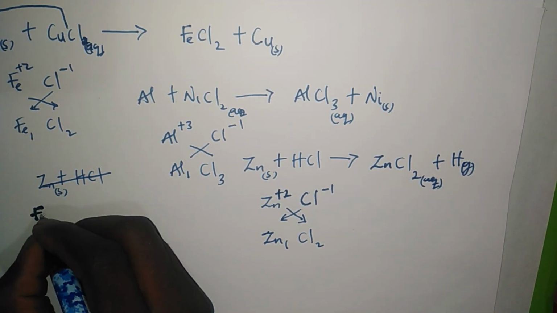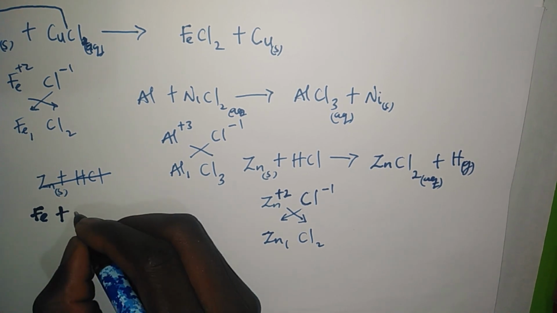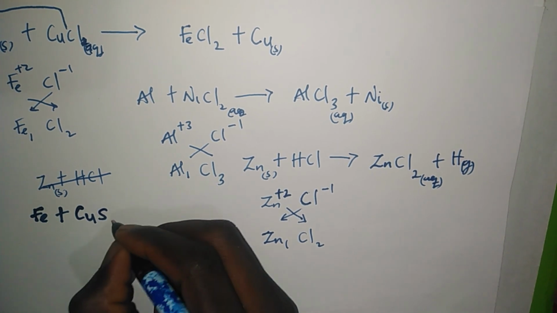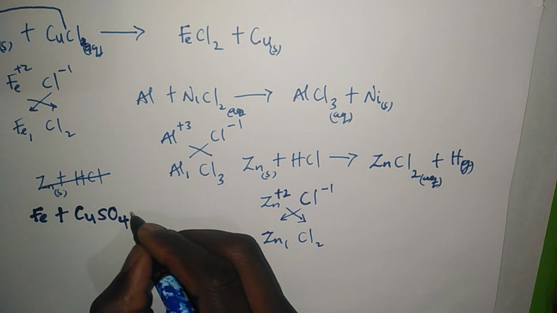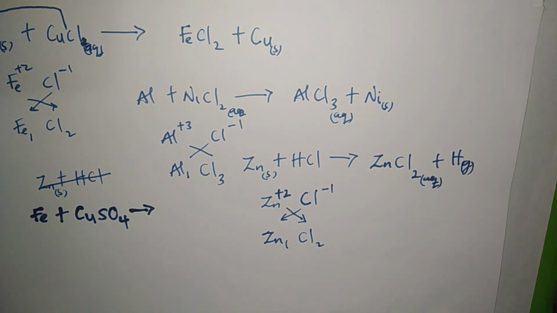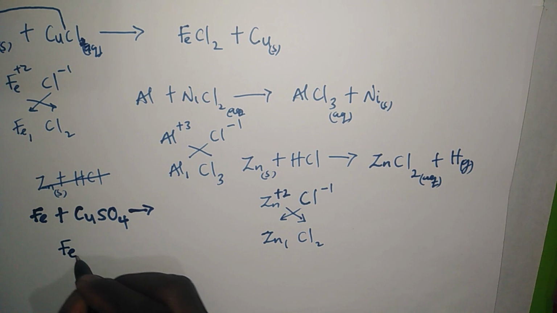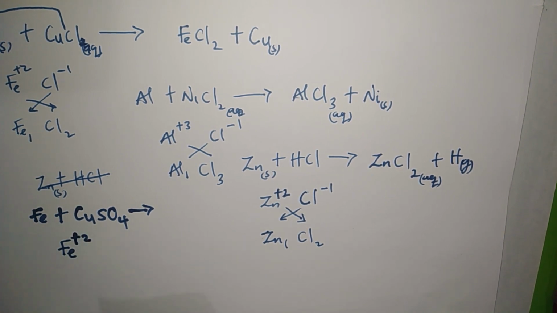Let's take another example. Let's say we have iron reacting with copper sulfate. Right? How can you predict the product of this compound? Now, to predict the product, we are going to say iron, we know it has a +2 charge.